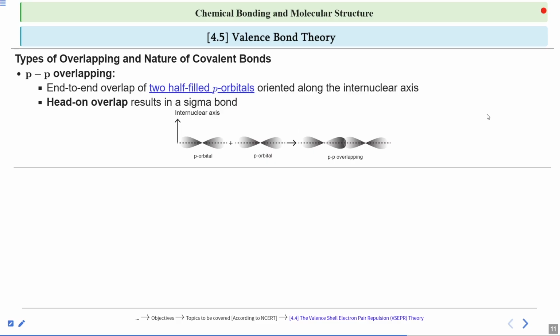You can see that there are 2 p orbitals, and they are combining together along the internuclear axis z to form a sigma bond. Now my question would be, which p orbital is moving along this axis to form the sigma bond? So there are px, py, and pz. Which orbital is perfect for the formation of the sigma bond, given that your internuclear axis is z?